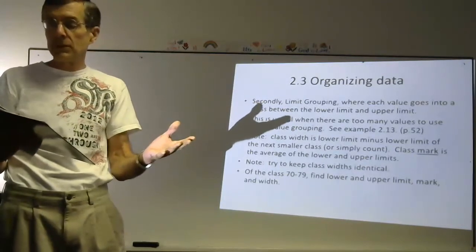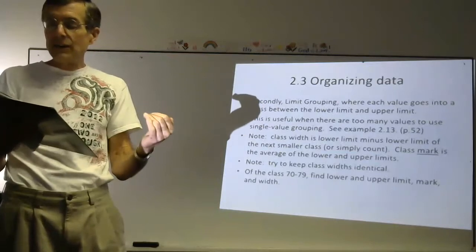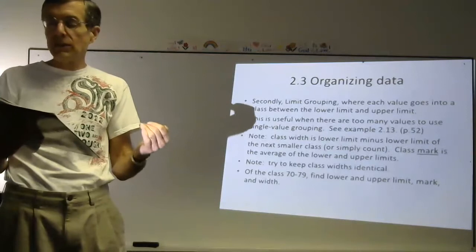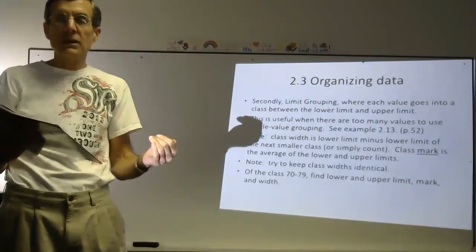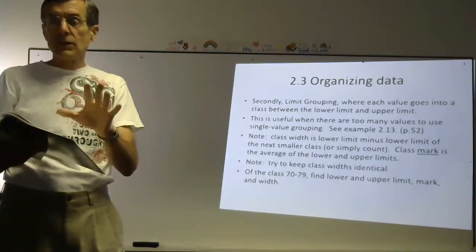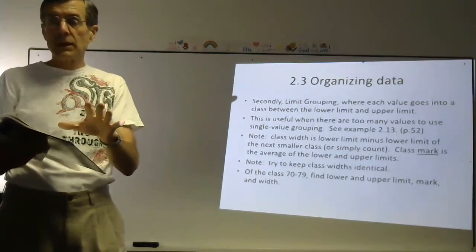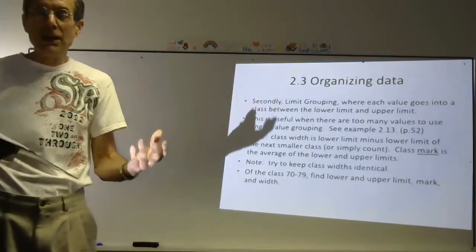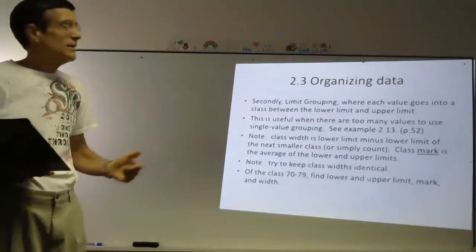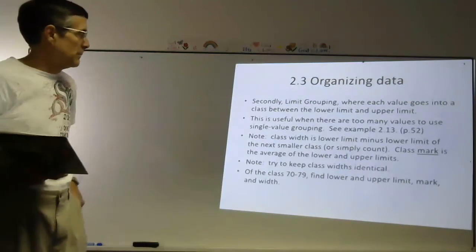You with me? Okay. It cuts it down to 7 different groups, which is very, very manageable. Now, once again, though, it's useful for whole numbers only. But when you have a whole bunch of numbers and you're going to get a whole bunch of bars and pieces of pie, you want to go to limit grouping.